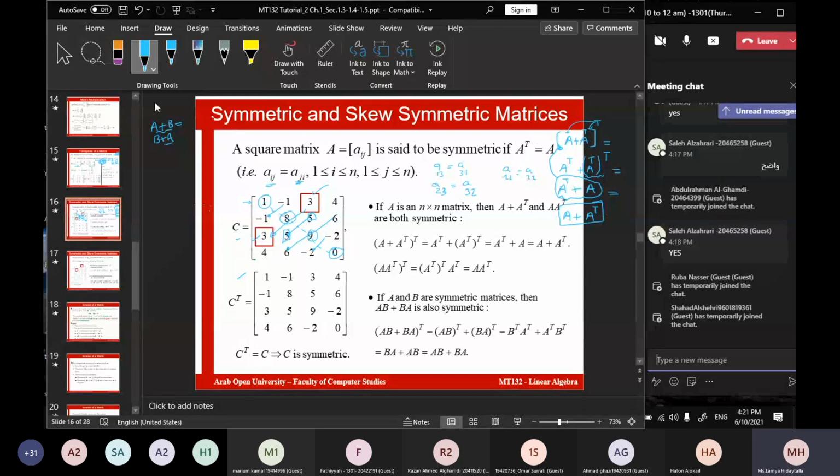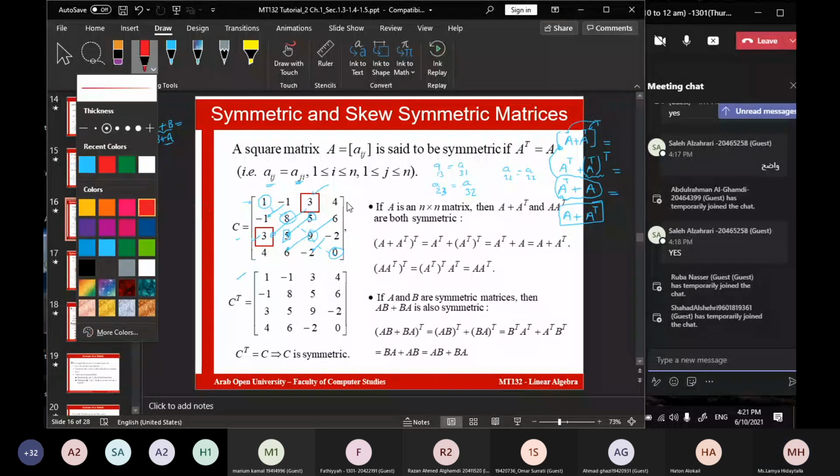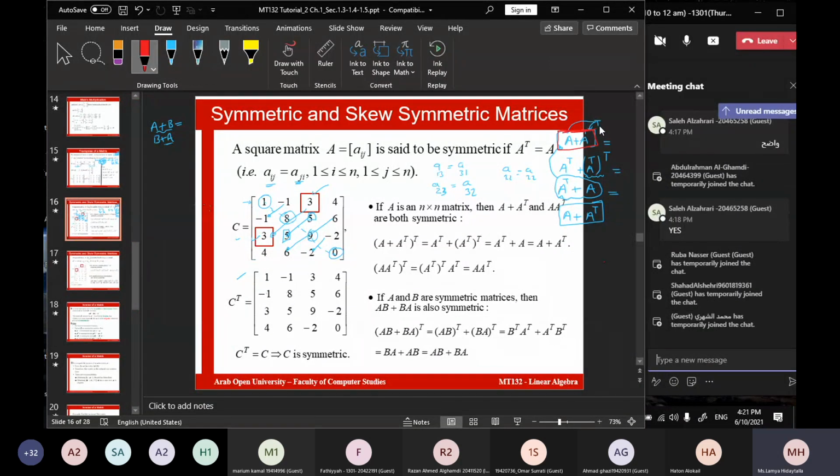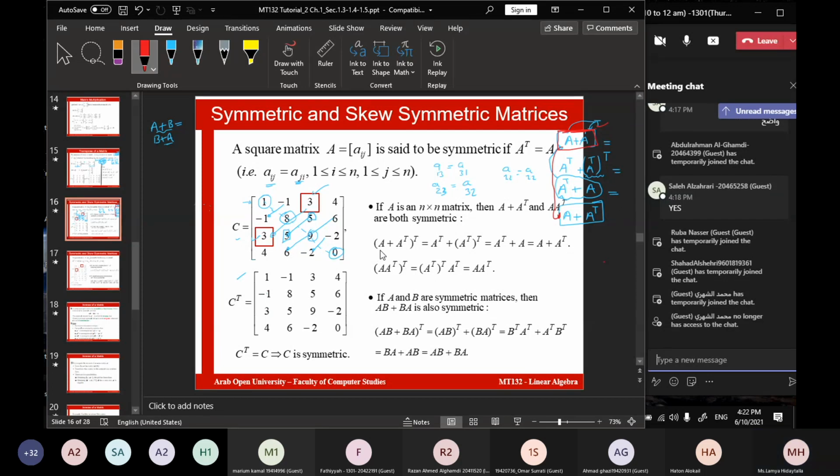This was my matrix, and I find its transpose, and I end up with the same matrix. So yes, A plus A transpose is a symmetric matrix.